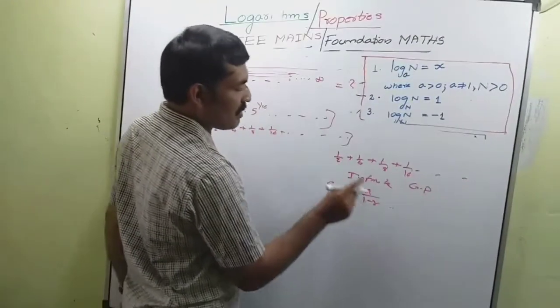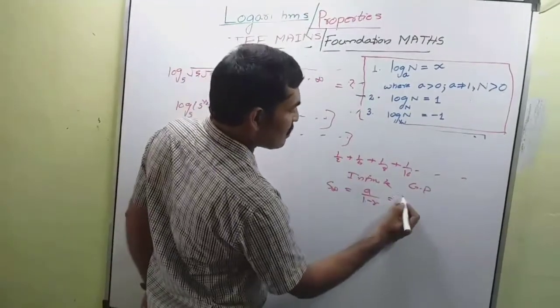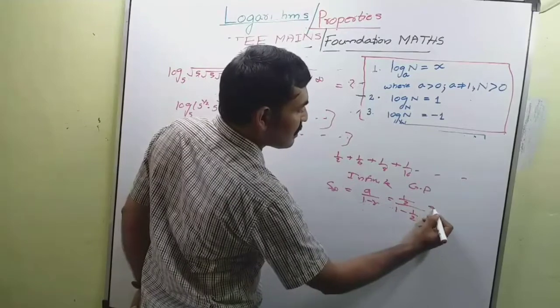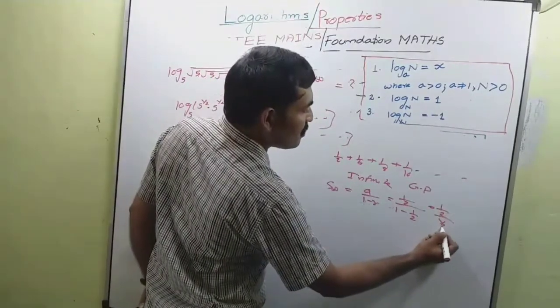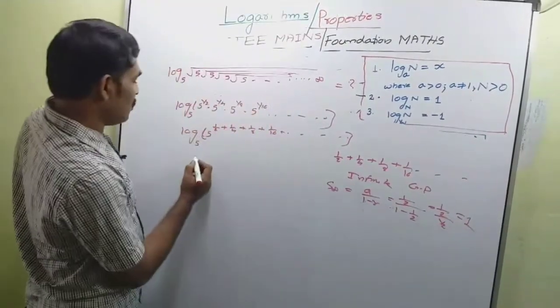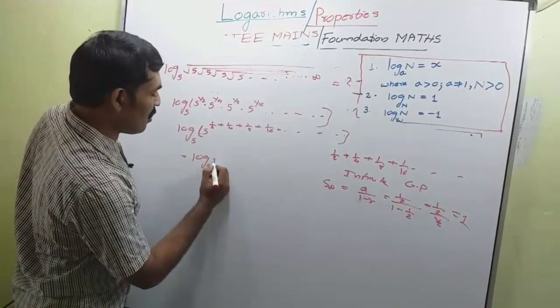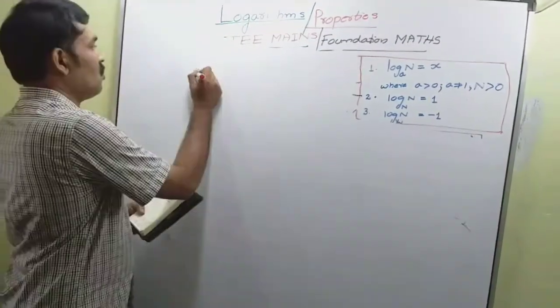Here the first term is 1 by 2 and r is 1 by 2, that is 1 by 2 divided by 1 minus 1 by 2, which is equal to 1 by 2 by 1 by 2, which is 1. So this is equal to log base 5 of 1, that is equal to 0.